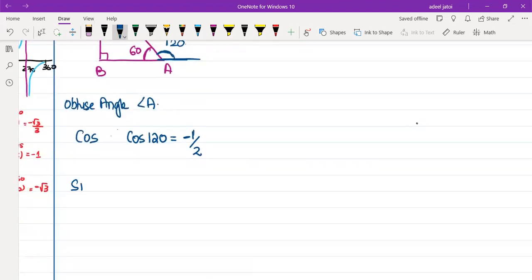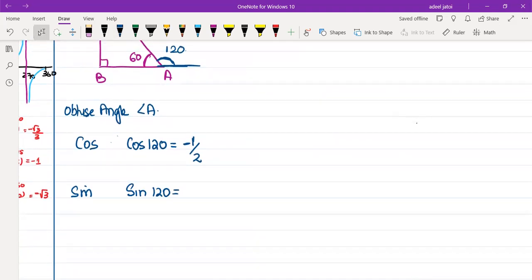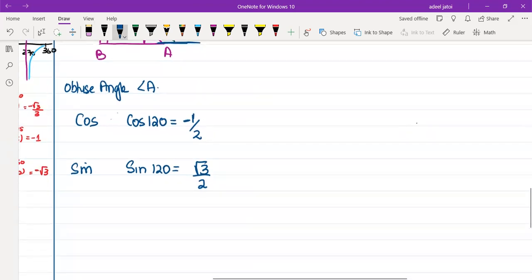Similarly, if it was sine, so sine 120 should be root 3 upon 2, because sine 60 is root 3 upon 2. So sine 120 is root 3 upon 2 as well. It will be positive, because sine for acute or sine for obtuse will remain positive.